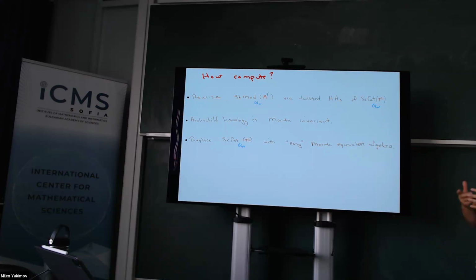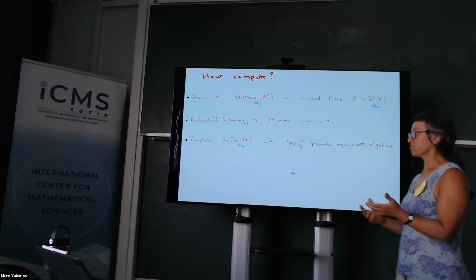But if you've twisted by this gamma in SL2Z, you need to take a twisted version of the Hochschild homology to do that. And then Hochschild homology and twisted version is Morita invariant. So replace the Skein category of the 2 torus, which we've come to understand, with something equivalent to it that's much easier algebra. And then computing the zeroth one there became not so hard.